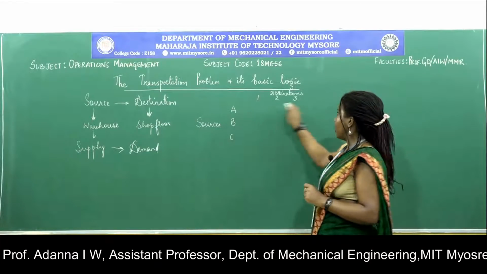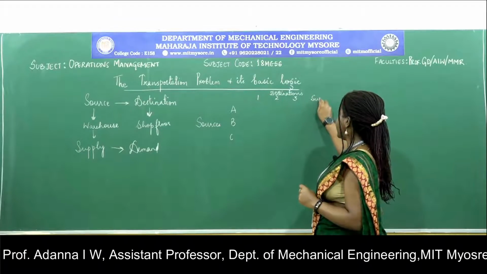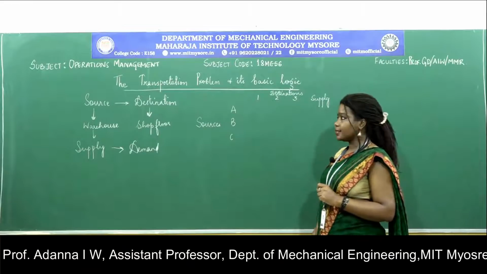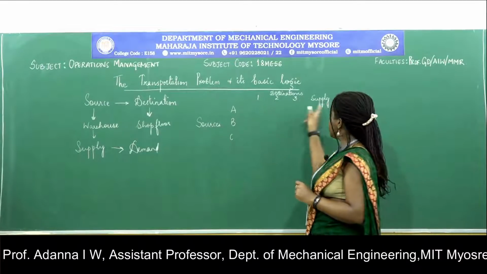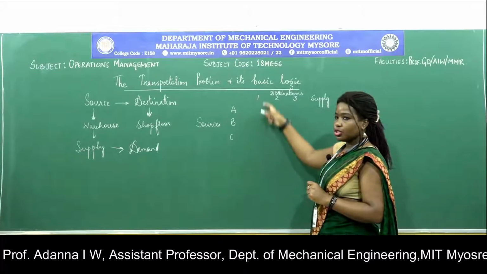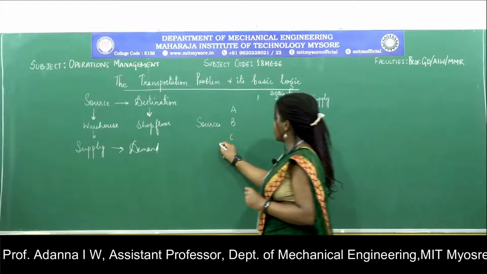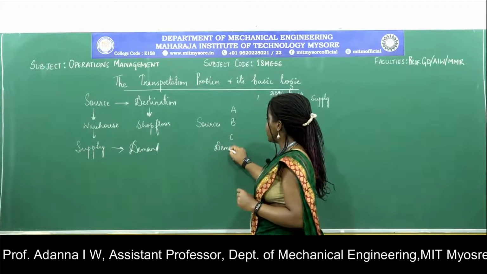This is source A. I am saying that there is some sort of supply at A because it is a source. This is a source, so it has a supply. These are destinations: destination 1, destination 2, destination 3. There are certain demands that I need to meet at these destinations.